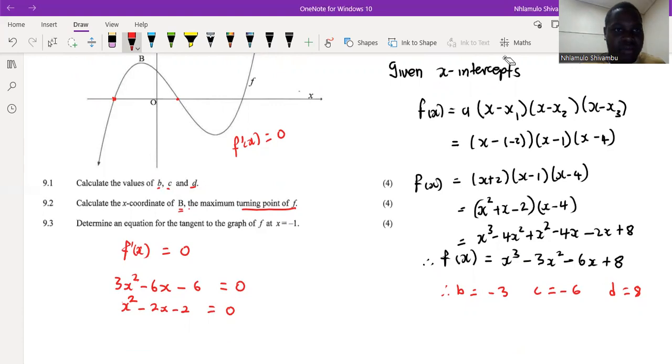To get the value of x, we can use the quadratic formula, which is very simple to apply here. You don't have to factorize or write it in its simplest form to use the quadratic formula. You can also use it when you are still working with 3x squared minus 6x minus 6.